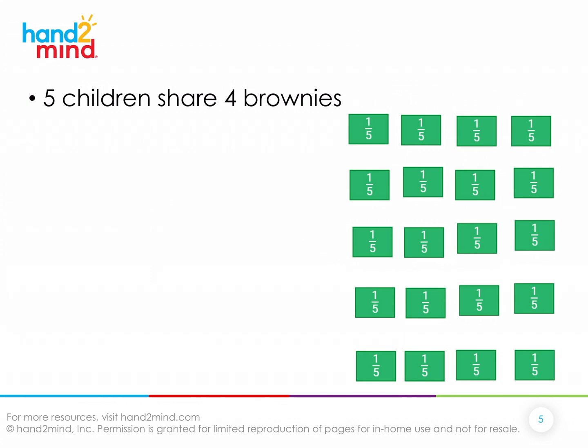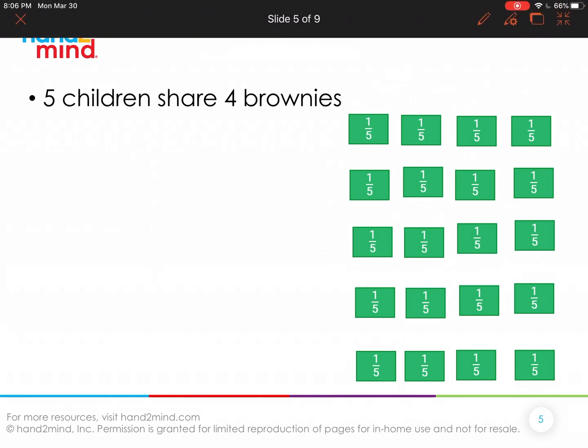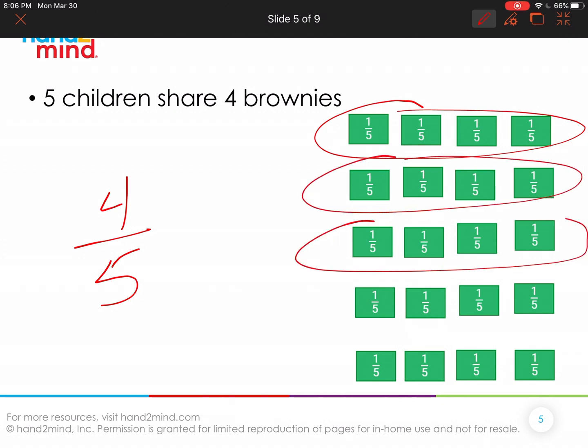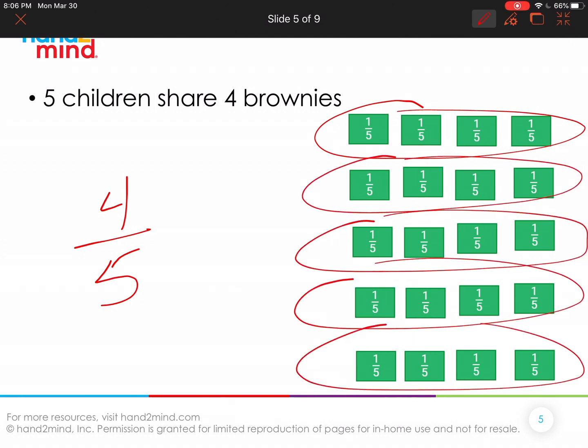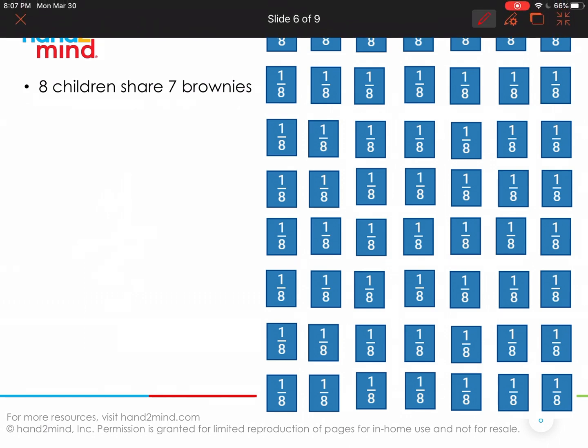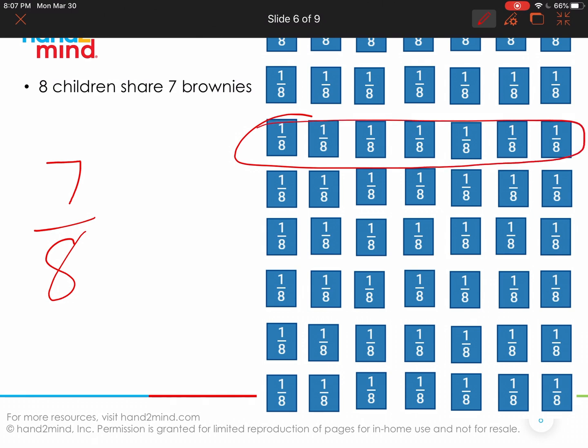When we had 5 children share 4 brownies, they got 4 1/5 pieces, or 4/5. We can say it the same way, right? That's for the 5 children. Then for the 8 children, they got 7 1/8 pieces.